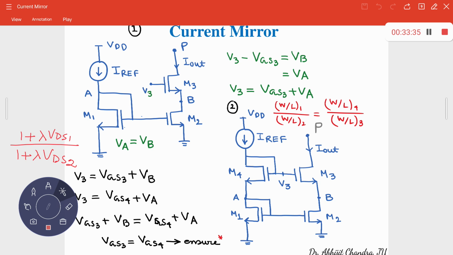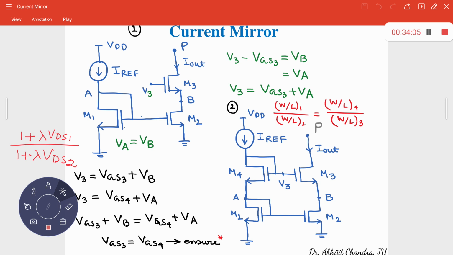If you observe from this side, what is V3? VGS4 plus VA. This is VGS4, and VA. From the other side, what is that voltage? VGS3 plus VB. What I need to ensure is that VA is equal to VB.